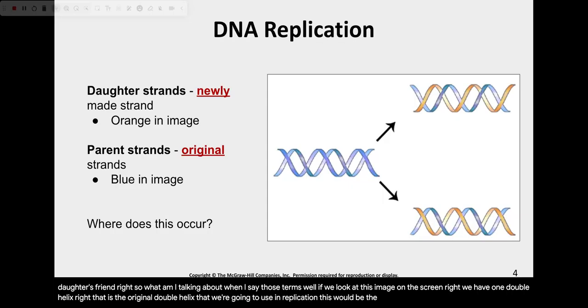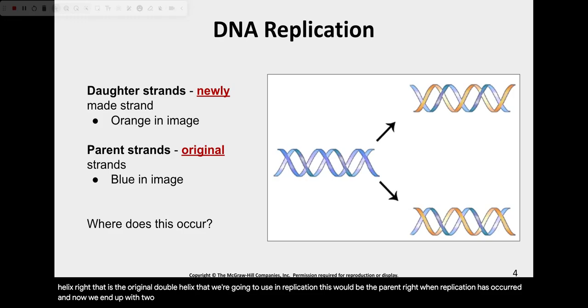This would be the parent strand. It contains two strands, each of which are parent strands. When replication has occurred and we end up with two sets of DNA, each set is going to have a strand that has been synthesized, that has been replicated. In this picture, it is orange. This will be the daughter strand.